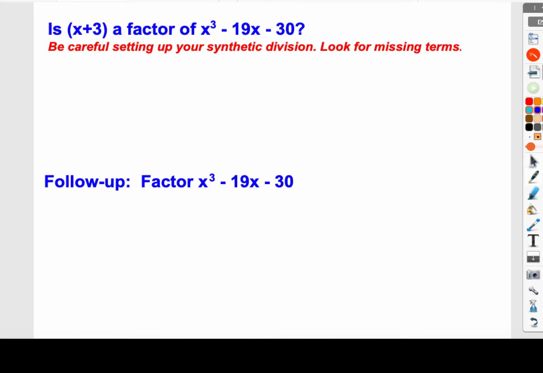Is x plus 3 a factor of x cubed minus 19x minus 30? Well, one thing we could check is -3. If x were equal to -3, is that a 0 of my function? I could just plug -3 into my polynomial there and double check. But now they also had mentioned, okay, let's check that by synthetic division. It's not a bad way to go because synthetic division is so fast. We can say -3 in the box, 1x cubed, 0x squared, don't forget, you're missing that x squared term, minus 19 minus 30.